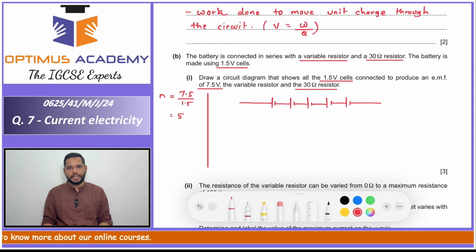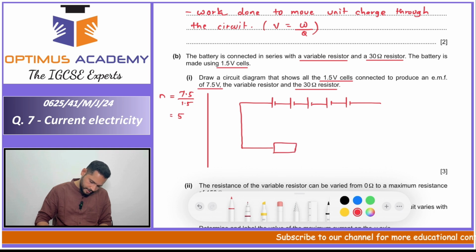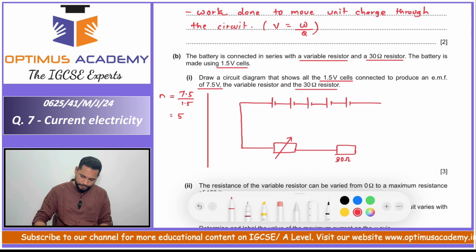So these 5 cells in total are going to produce the EMF of 7.5 because each cell is having EMF of 1.5. 1.5 multiplied by 5 will be 7.5. We have to connect it to a variable resistor. This is the symbol for variable resistor with an arrow, and we have to connect it with another fixed resistor whose value is 30 ohms.